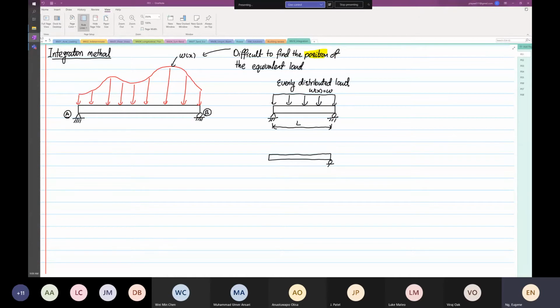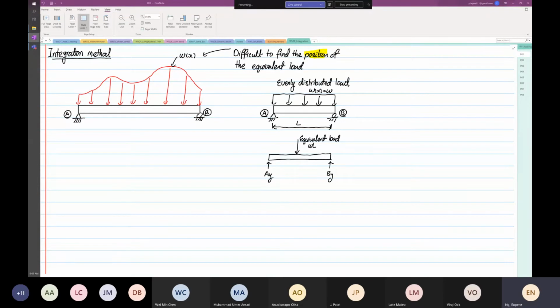I still call this my point A, my point B. So this is my AY. This is my BY. Then if I draw this, I know over here, this is my equivalent load. And the equivalent load is equal to omega multiplied by L.